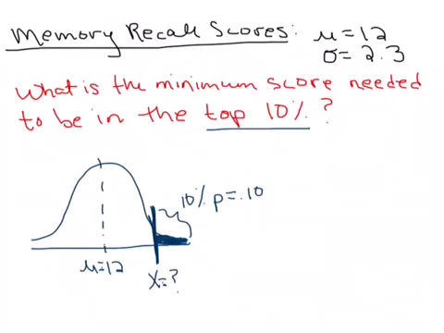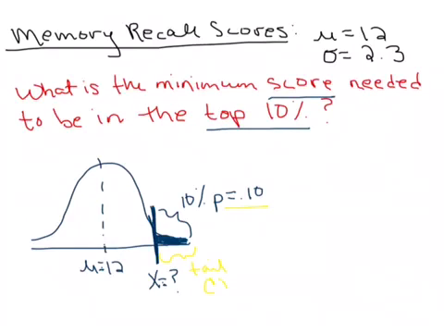Now, to be able to get the score, we're going to need our z. So we're going to need to use our proportion, our p value that we just figured out, p equals 0.10. This is when you're going to look in that unit normal table. In the unit normal table, you're going to look up 0.10 in column C, the area beyond z in the tail, because this is the tail.